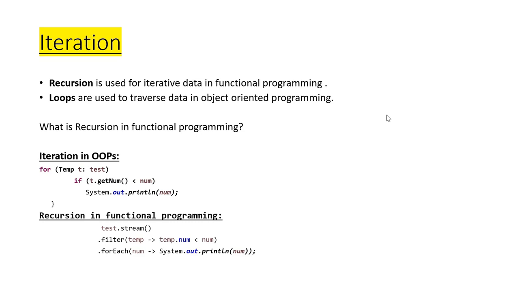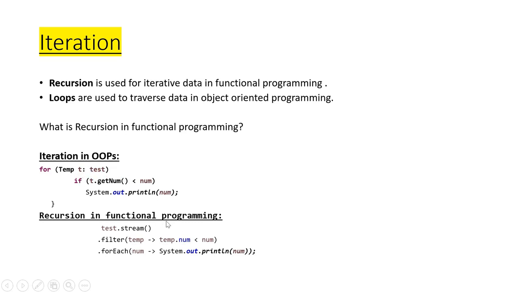Okay, so here is a small example of recursion, like test.stream, filter, temp, num. So here it is calling itself, so we don't need to define any loop outside here. Like in iteration in OOPs, we have defined a loop, like for temp t in test, so it will go element by element and print that element.